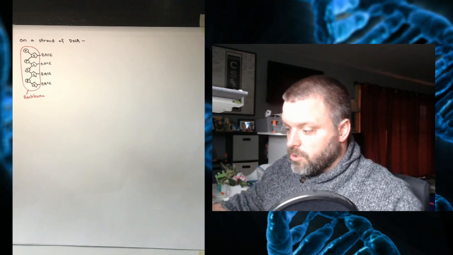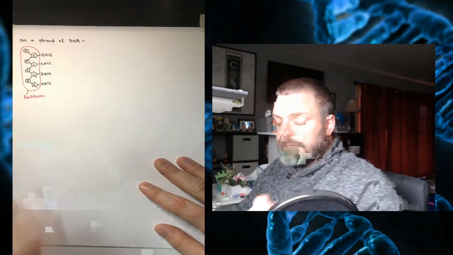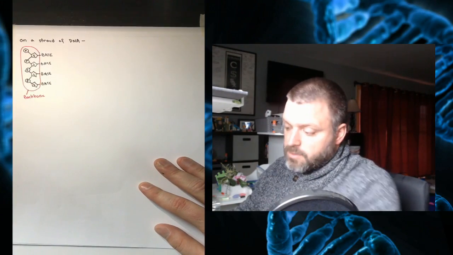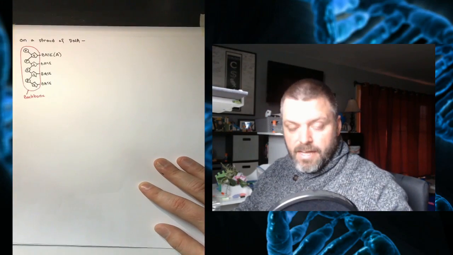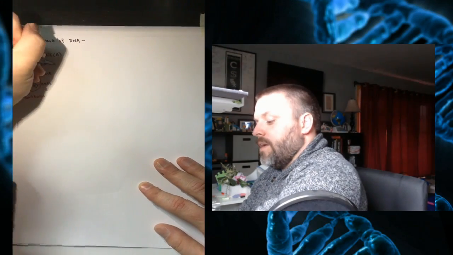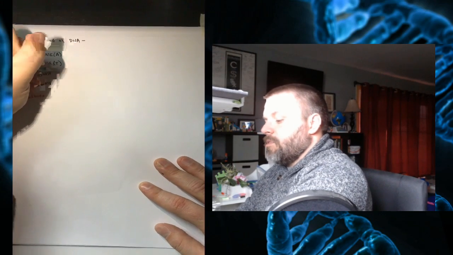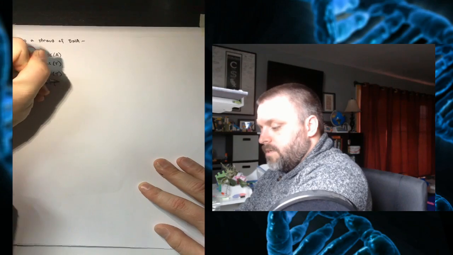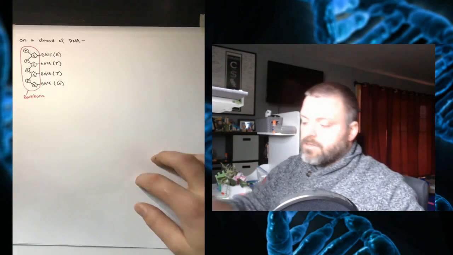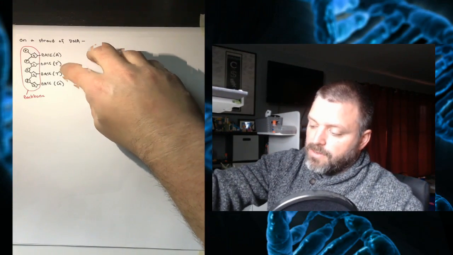We typically will show the bases as the abbreviations that we went over on the last page. So for example, this base here might be an adenine, which we'll use an A as, and this base here might be a thymine, and this base here might be another thymine, let's say, and then this base here might be a guanine. So in this case, you have adenine, thymine, thymine, guanine.